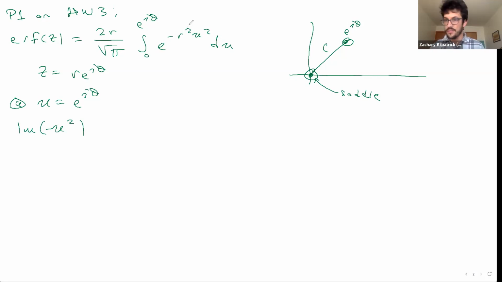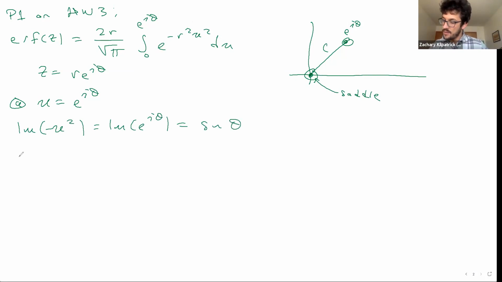You could write that as x or something like that if you like. The imaginary part of u squared in this case needs to be equal to the imaginary part of e to the i theta, which is equal to sine of theta in this case.